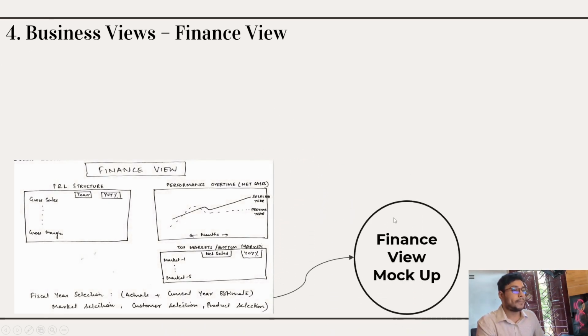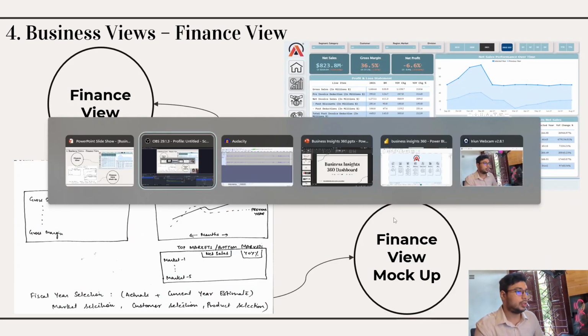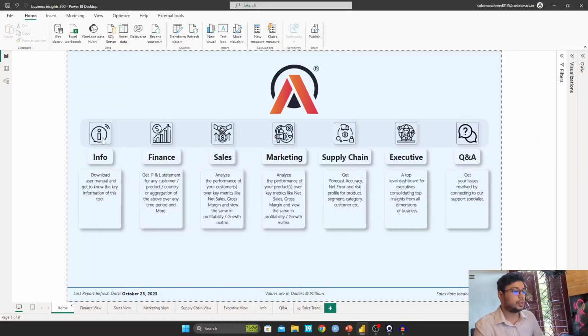Okay, now let's talk about the dashboard itself. Let me take you to the dashboard. So this is our dashboard. It has a home page, and on the home page you get different buttons like the info button, the finance button which takes you to the finance view, the sales button which takes you to the sales view, and similarly marketing, supply chain, executive, Q and others.